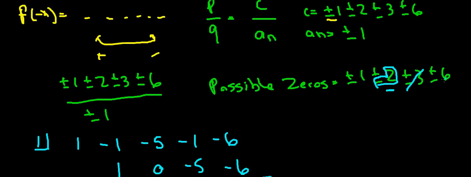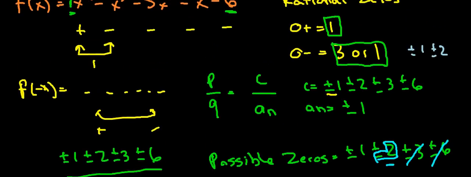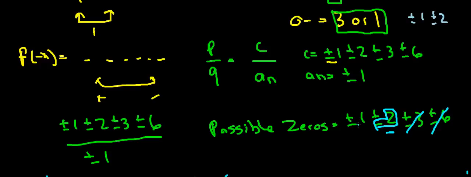So that means it can't be minus 3 and it can't be minus 6. And we had a possibility of 3 or 1 zeros. So all we're left with is minus 1 being a possible 0. But we must have 3 or 1. So therefore minus 1 cannot be a 0 either, because we don't have a third 0.